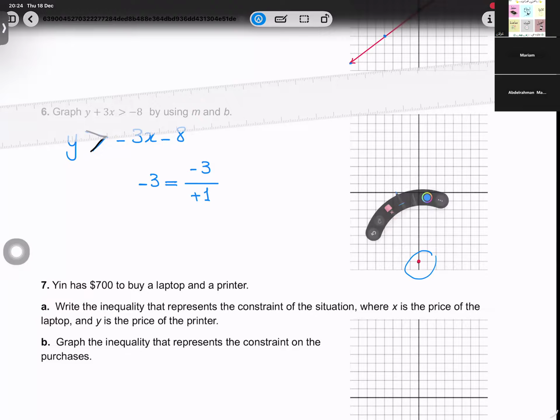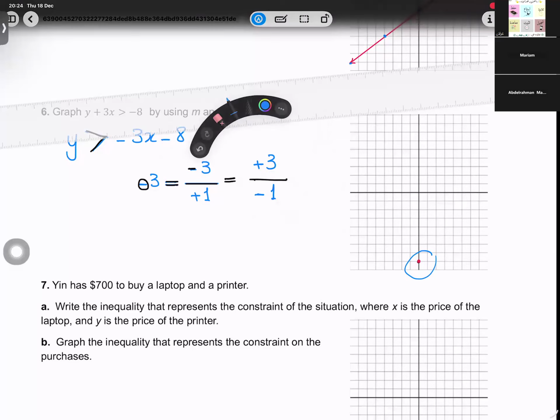But what will we do here? I will tell you something. When there is a negative whole number like this, we can put the negative either with the numerator or with the denominator. So we can write it as positive 3 over negative 1. So it doesn't matter.